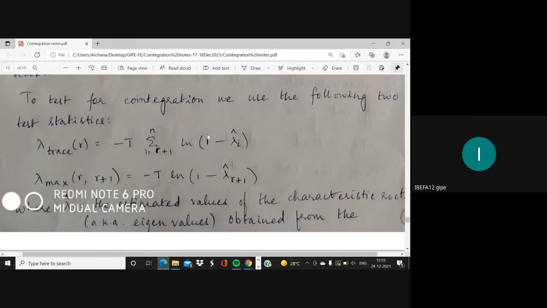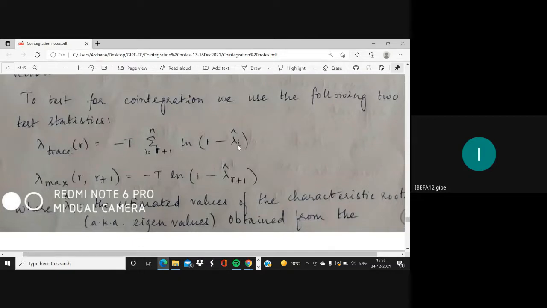Here we need the rank to be some positive value, right? So there must be at least one non-zero characteristic root. When you're calculating the statistic, if any of the lambda i's are equal to 0, then ln(1) is also equal to 0, right? So in that case, lambda trace will be equal to 0.